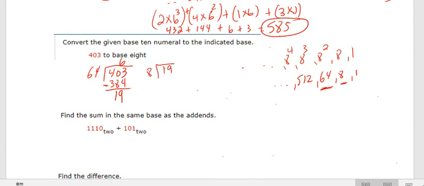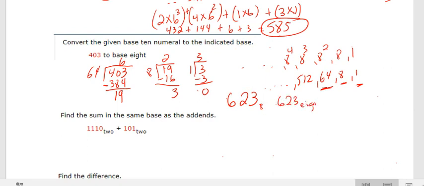So 8 goes into 19 twice. So we get 16, remainder of 3. And now we take that remainder and divide by the next place value, which is 1. So we end up with 0. So our number here is going to be 623, and we're in base 8. You can either write a small little 8 or you can write the word 8.